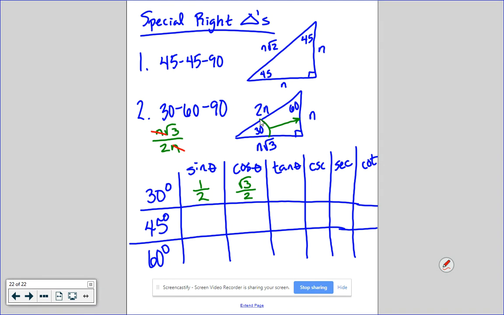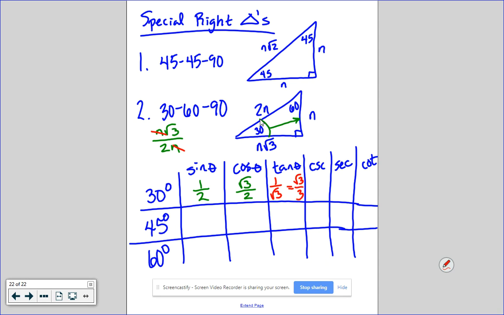How about tangent of 30 degrees? Opposite over adjacent. So I have n divided by n square root 3. So that becomes 1 over square root 3. But can I leave that? No. So it's square root of 3 over 3.